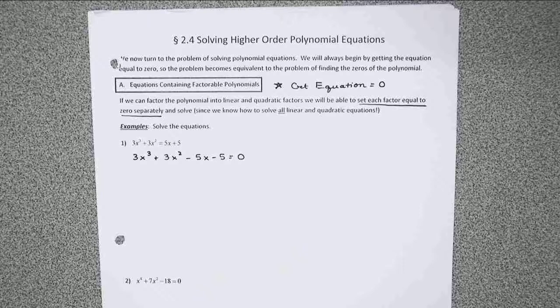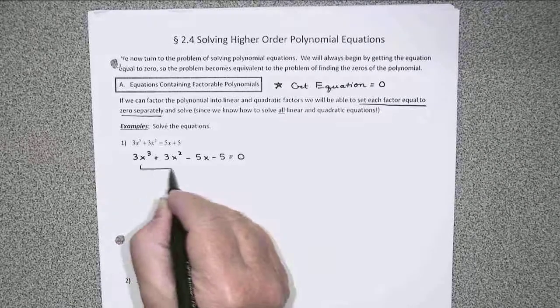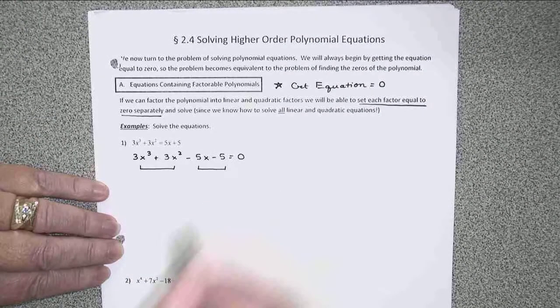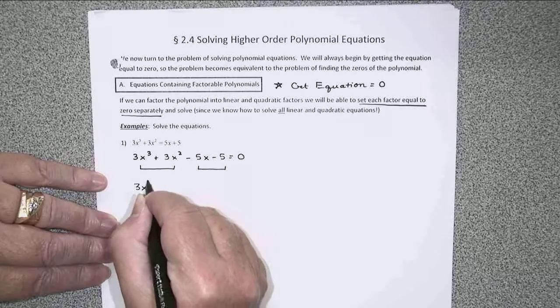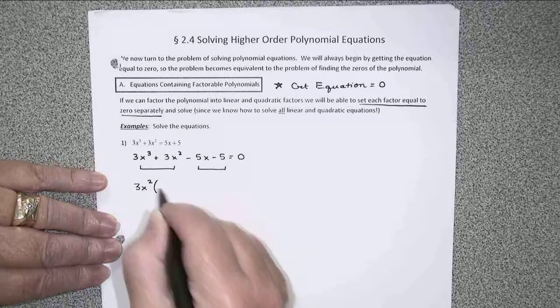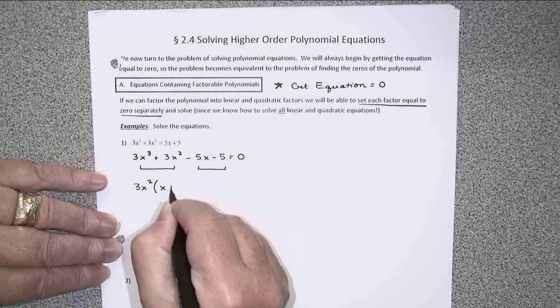We'll now use our factoring strategies and say that since we do have 4 terms, the factoring strategy we would want to apply is grouping. And so I'm going to group these and those. In the first group, I can factor out a 3x squared, which leaves me x plus 1.